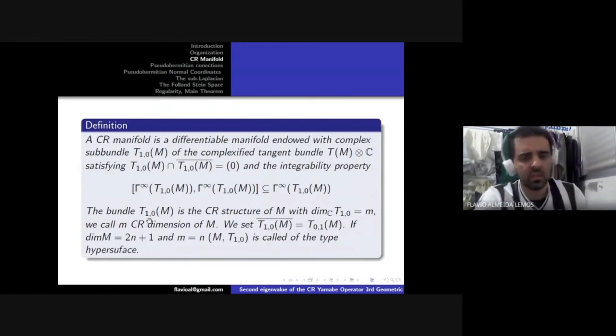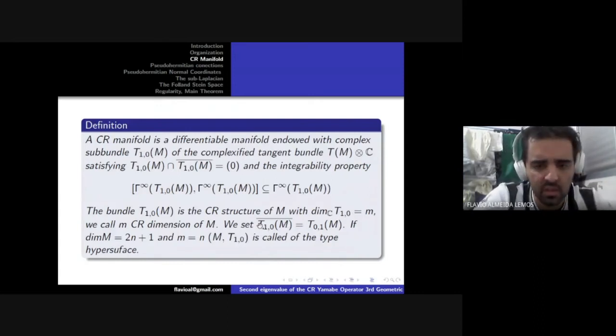This bundle is the CR structure of M. We call the dimension of this bundle the CR dimension of M. If the dimension of M is 2n+1 and the CR dimension is equal to n, it's called of hypersurface type.